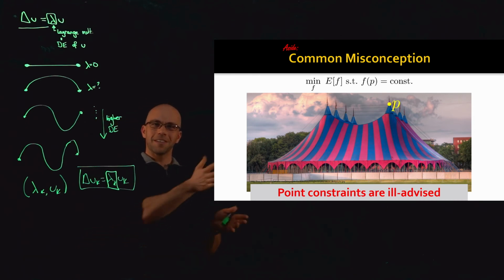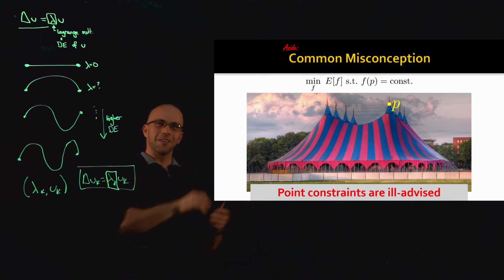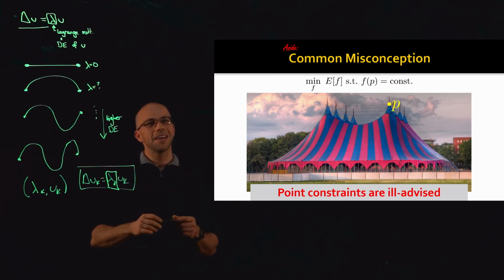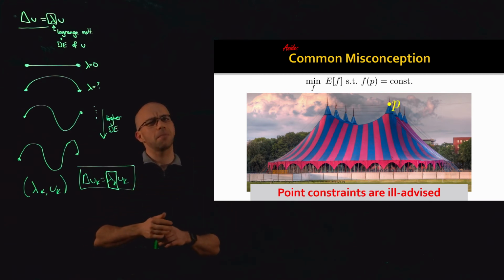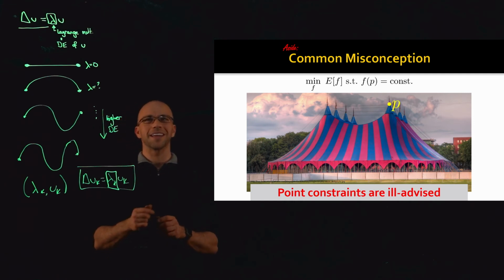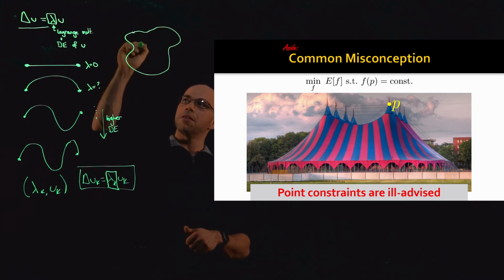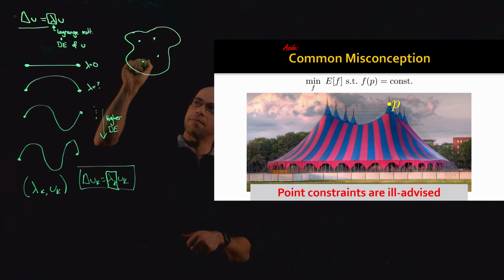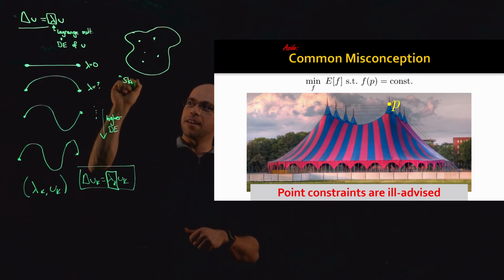Because, for example, here, if I'm interpolating between the height of the boundary of the tent and the points, like what you're seeing in this picture here, then your function ends up with kind of singularities at all the points p, which is probably not great. Usually we look for smooth interpolants of our data, right? So if I have some function on a region omega and I know the values of the function at a few points, one problem in computer graphics where this is the case is called skinning.